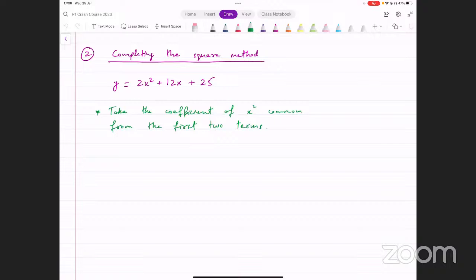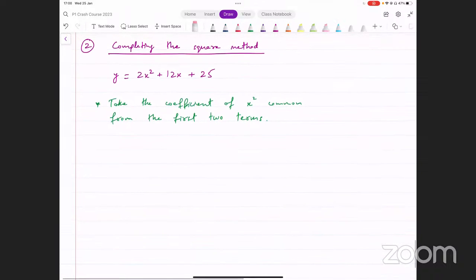Now, it could be from all terms as well, that's okay, but it's simpler to just take it from the first two terms and keep this constant term outside. Don't take common from that, but it's your choice. I generally prefer doing it this way.